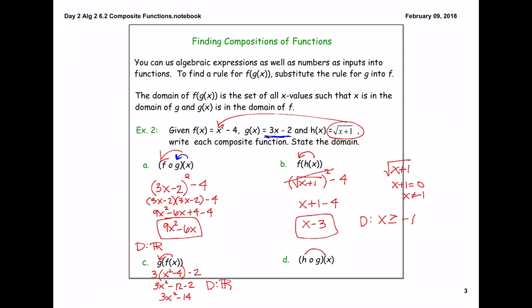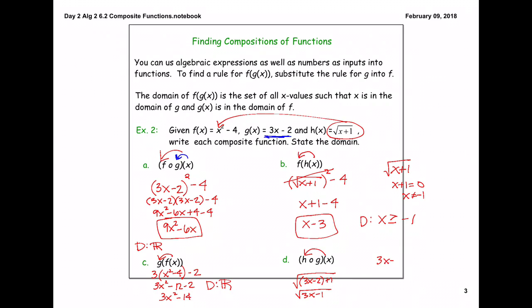If we plug g into h, for example d, we are going to replace our x with 3x minus 2. Combine our like terms, so we get the square root of 3x minus 1.